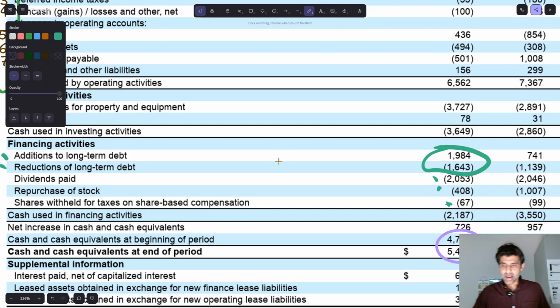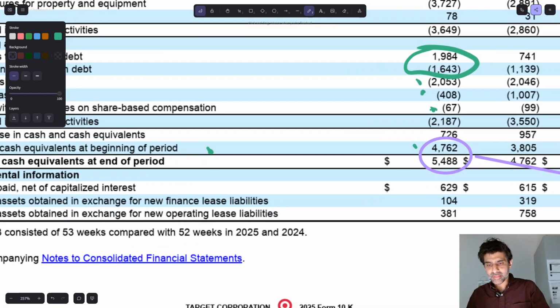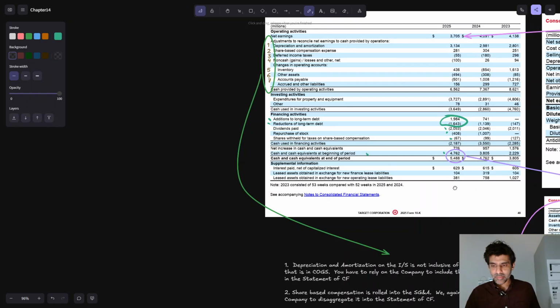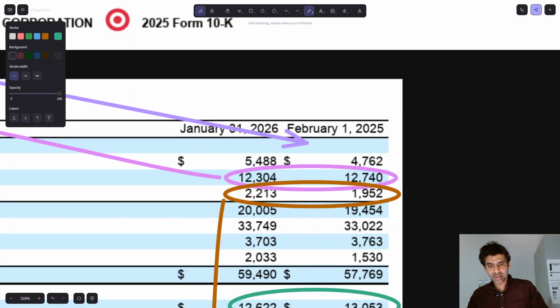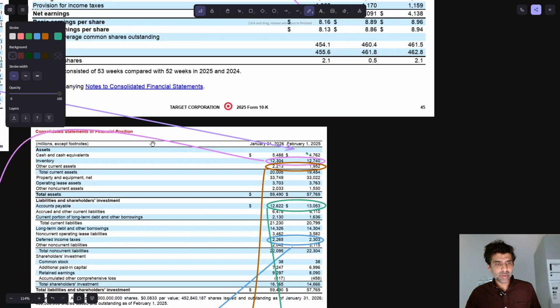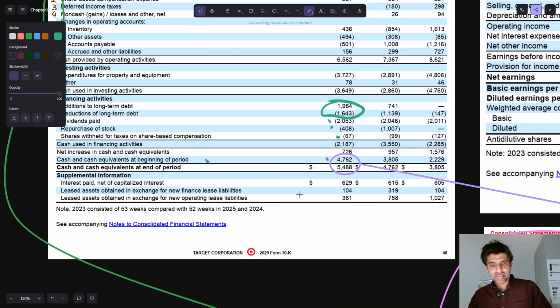Okay. And then at the end here, you have the beginning of the period cash, right? You can see on the balance sheet right here, this first line, this is the beginning of the period. Basically, let me just get rid of some of these. You have this, this, this. It all nets to a 726 million increase.